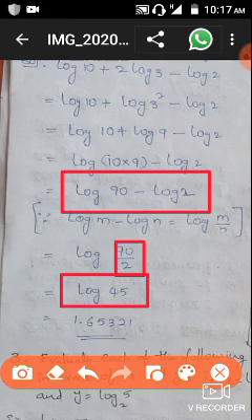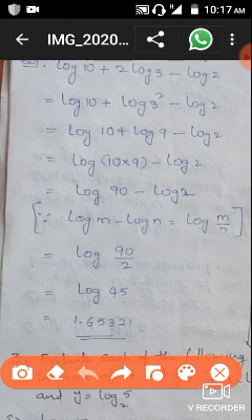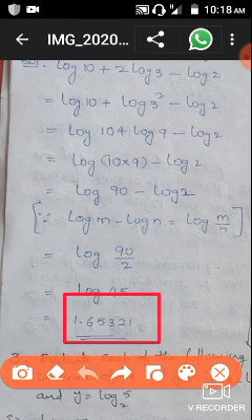If the question asks for the value, just remember log 45 equals 1.65321.